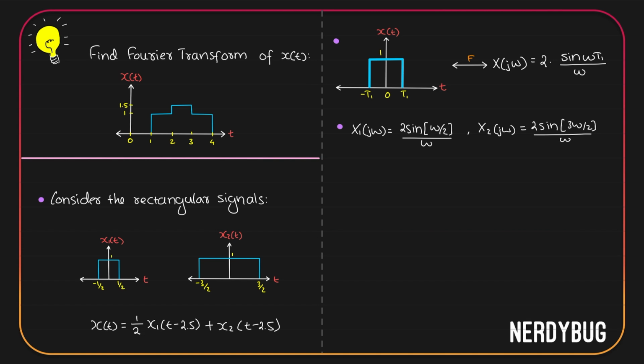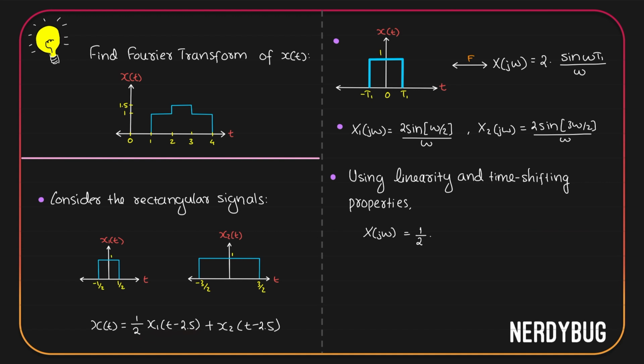What we actually want is the Fourier transform of half x1 of t minus 2.5 plus x2 of t minus 2.5. We can use the linearity property and the time shifting property here. So X of j omega will be, first term is half x1 of t minus 2.5.